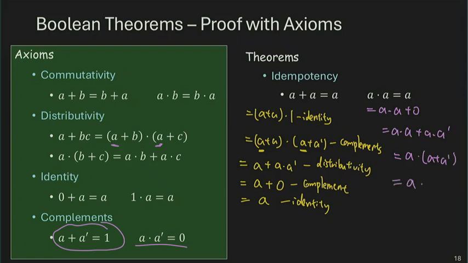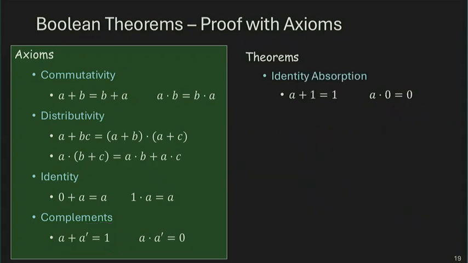And A plus A prime is a 1 by complement, which gives you an A. And this sequence of proof, if you write out the axioms you use, will be the same as the other proof. But you're just using the other side of the proof. For each axiom, we have 2 definitions. I'm just using the opposite one, and then you're able to make the proof.